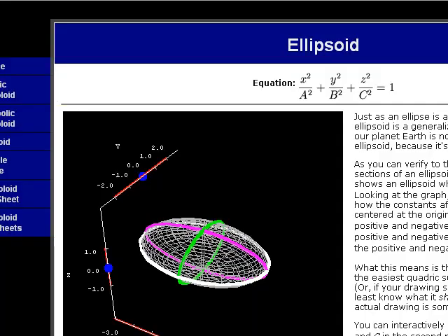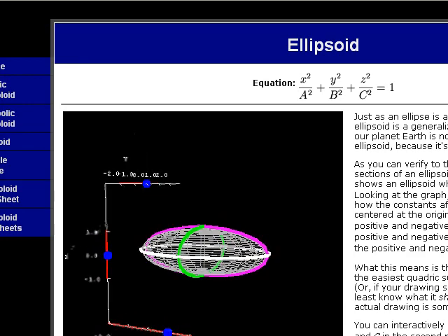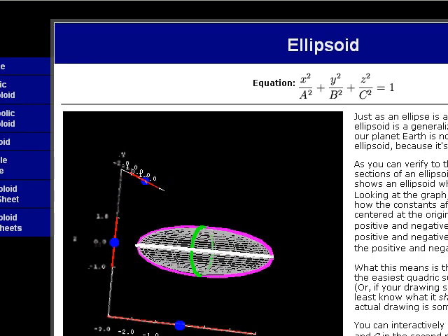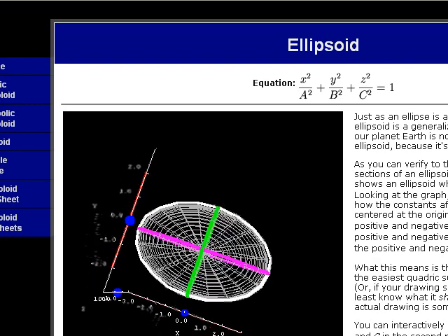Here is a picture of an ellipsoid from the internet, and I can rotate this figure around, and you can see that the horizontal traces, if we set this right, would be in white. I'll look down on them, and you can see those are ellipses.